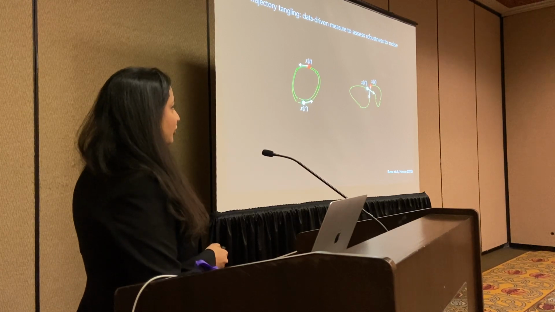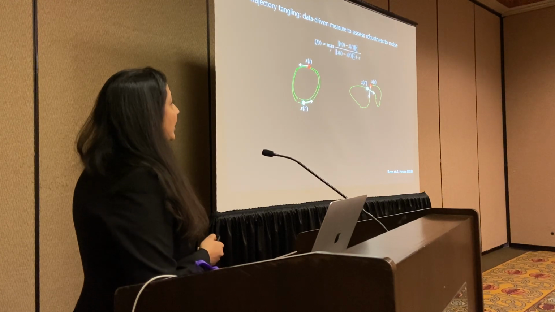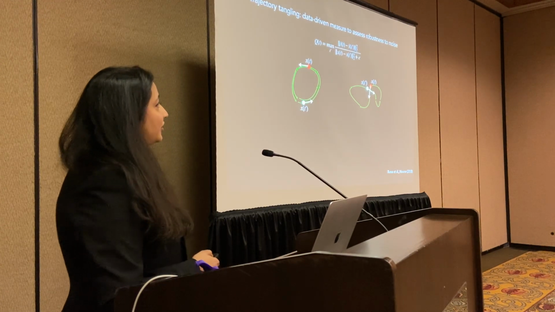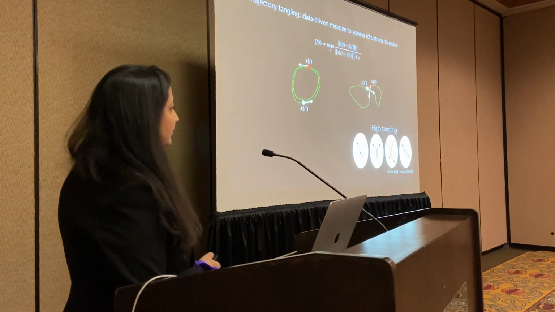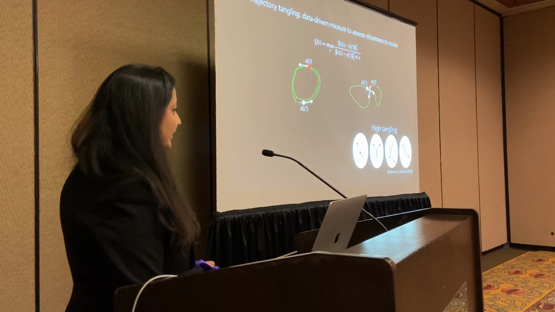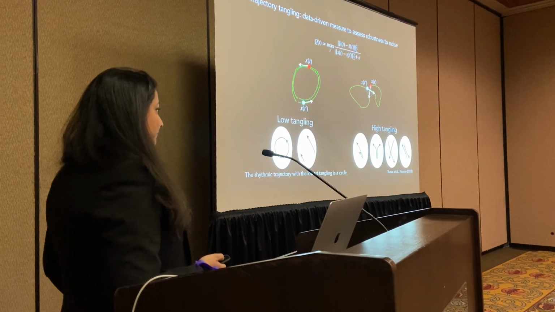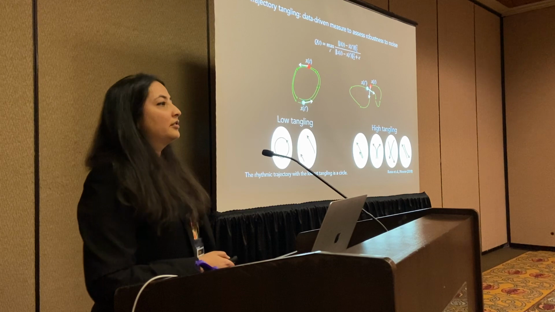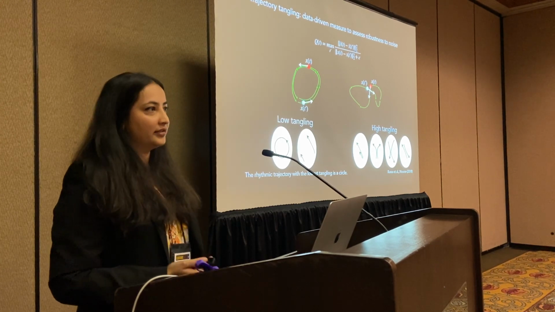And so here, I'm showing an extremely tangled point, high trajectory tangling. This is the actual metric, the quantification of that intuition. And these are some trajectories with high trajectory tangling. And these, in fact, are some with low trajectory tangling. And I want you to note that, first of all, the rhythmic trajectory with the lowest tangling is a circle.